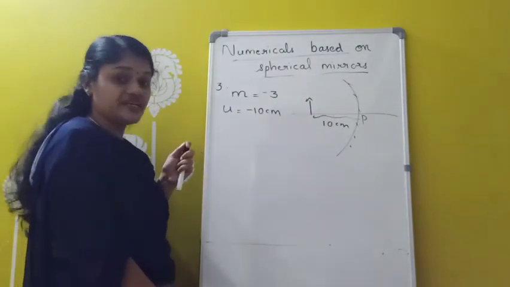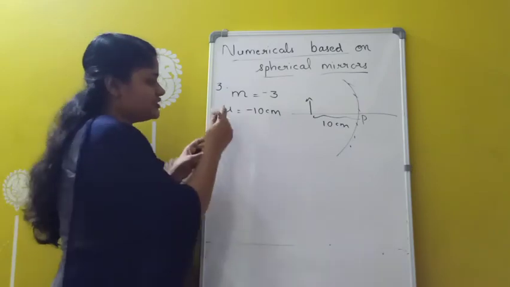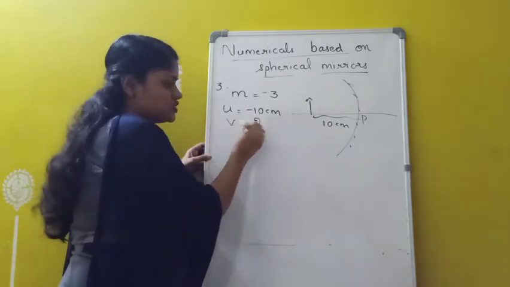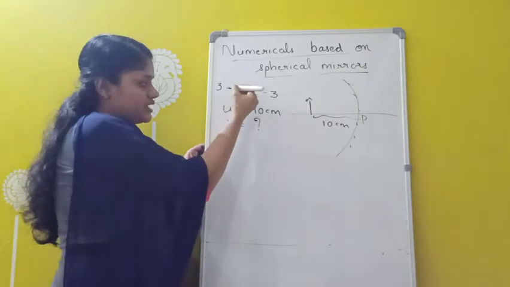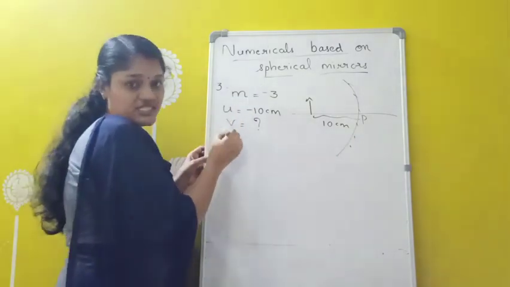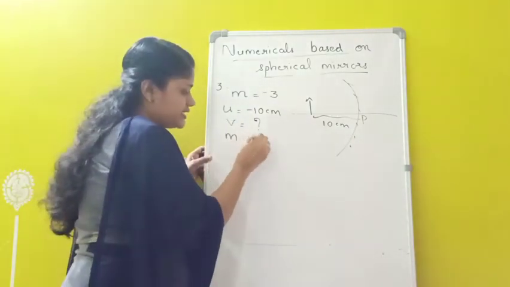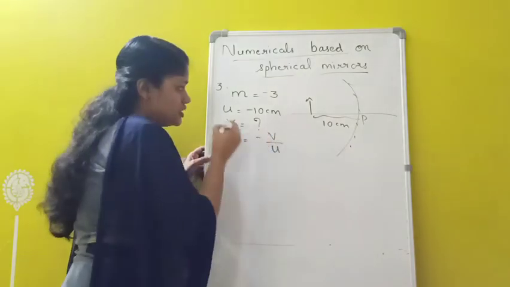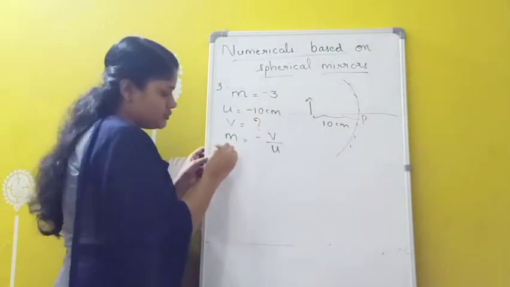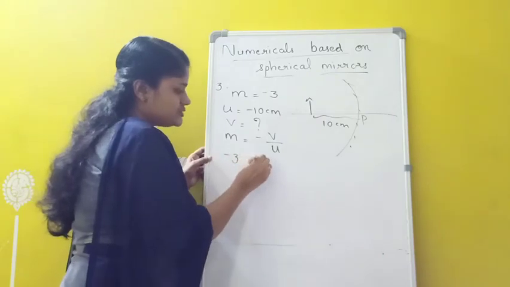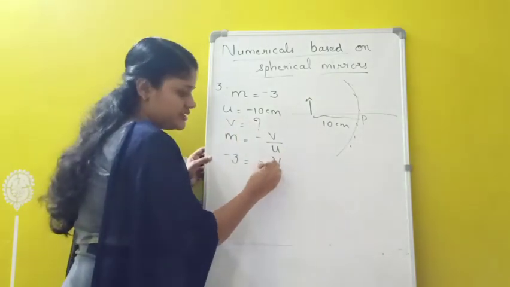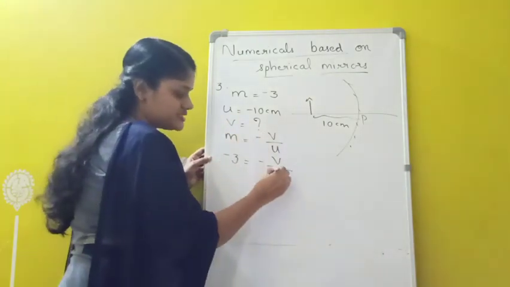Then we have to find where the image is located, that means we have to find V, the position of the image. And we have one formula connecting M, V and U, the magnification formula: M equals minus V by U. So instead of M we write minus 3 equals minus V, which we don't know, divided by U, minus 10.